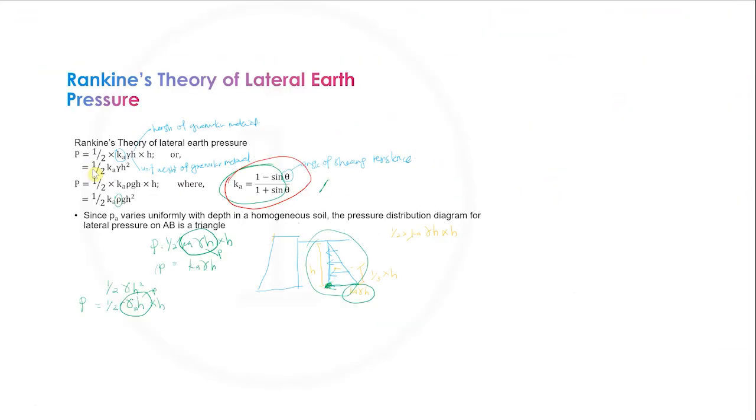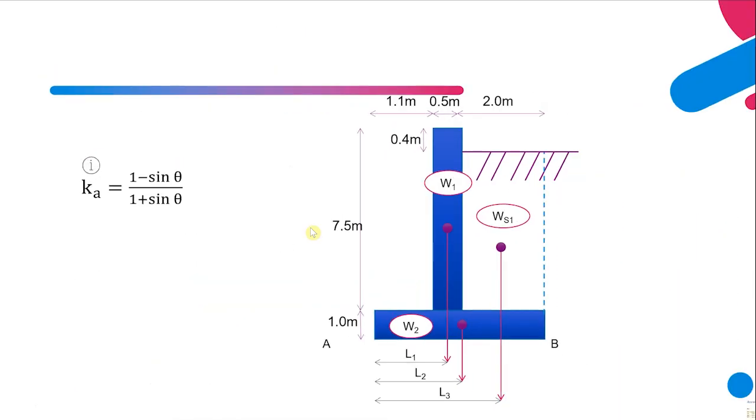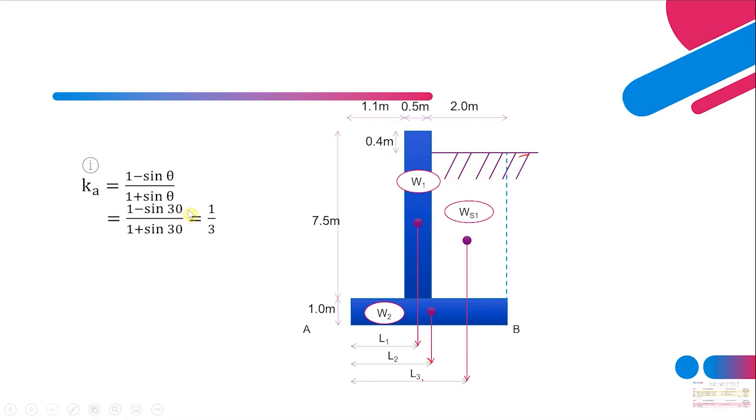If you still remember this formula, KA equal to 1 minus sin theta over 1 plus sin theta. Pakai this formula, masukkan je, because kita dah tahu value theta kita adalah 30 darjah as what given in the question, right? And then you kira dapat 1/3 ataupun 0.333. Make sure it is 3 decimal places.